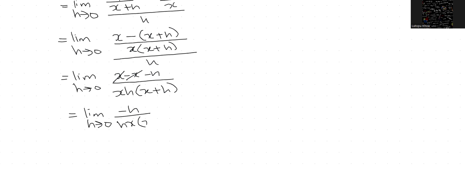So these will cancel. The limit as h goes to 0 of minus 1 over x times x plus h. And now when I substitute, I no longer write the limit. So this is minus 1 over x times x plus 0. This is minus 1 over x squared. Okay, so that is how you do it.